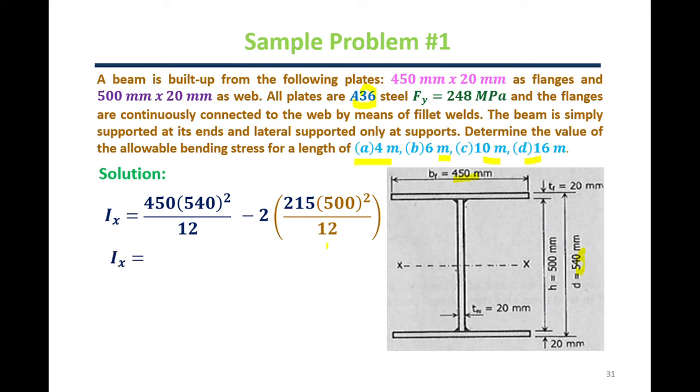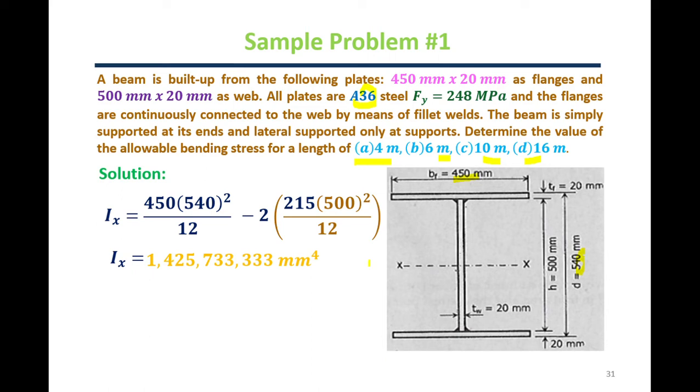So, solving for the Ix, yung formula ng Ix natin na yung dati-dati pa natin ginagamit ito. Yung matagal na nating formula. So, we have here 1.4 times 10 to the 9 millimeter to the 4th power.